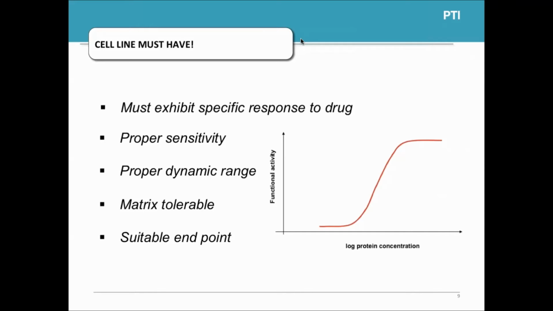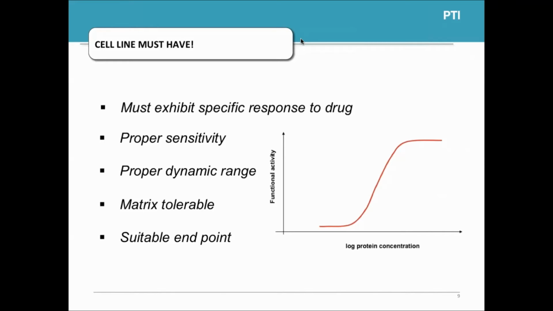It should be matrix tolerable. At the end of today we will briefly talk about matrix interference, as that can have a major effect on your assay, and you may have to add many more layers to your cell-based assay than you intended, simply because your cell line is not matrix tolerable and some components of a matrix will interfere with your assay.